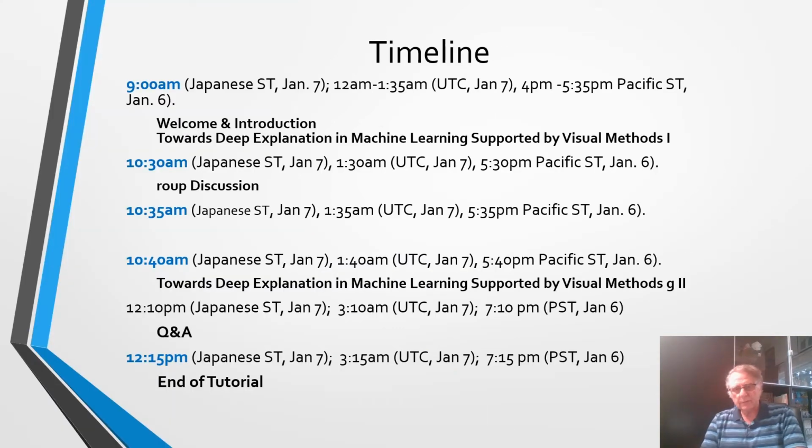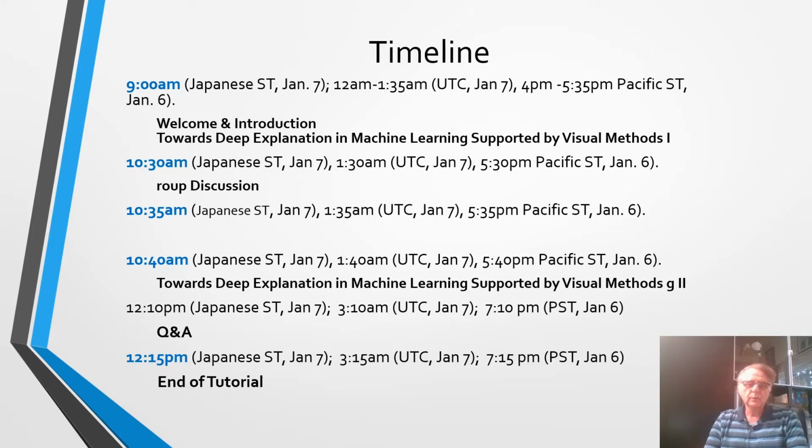So the timeline of our presentation is here. We start at 9 a.m. on Japanese time, which is midnight in Europe, and 4 p.m. on the Pacific Northwest, where we are. So we will have an hour and a half for our first part of the tutorial.